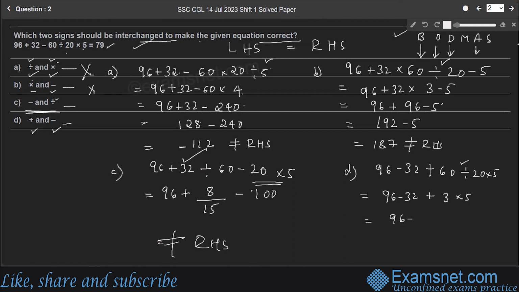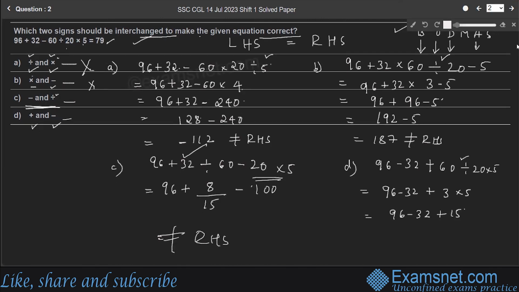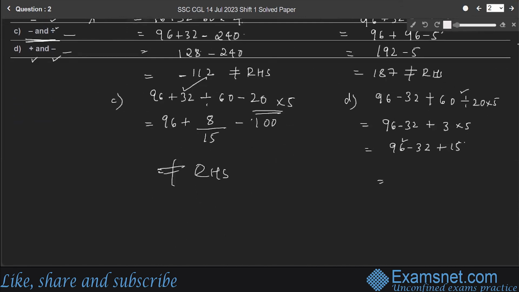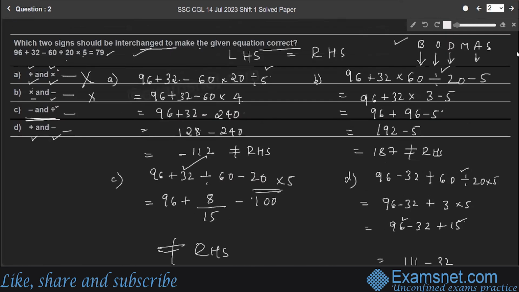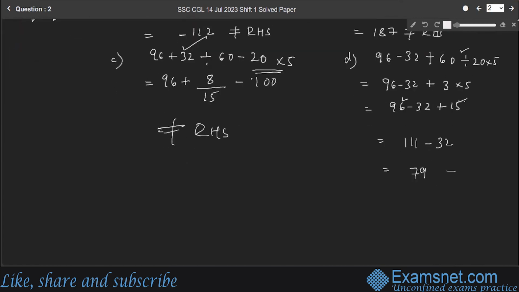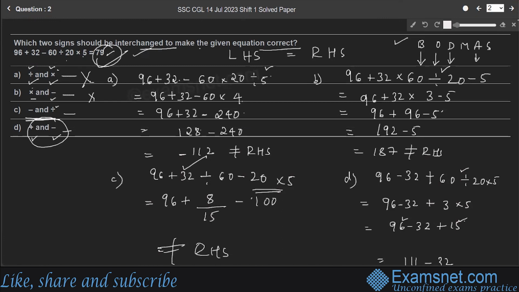So 96 plus 15 is 111, minus 32, you will get 79 as the answer, which is equal to RHS. RHS is 79. Therefore, if we interchange plus and minus signs, addition and subtraction signs, the given equation LHS is equal to RHS. So option D is the right answer.